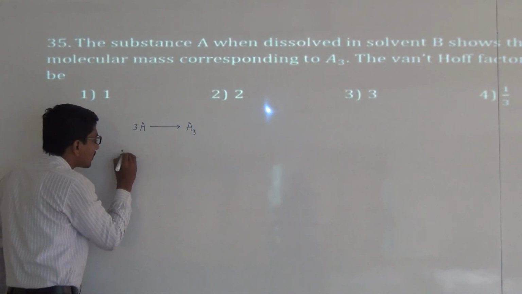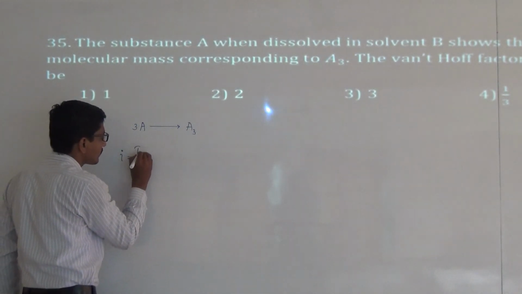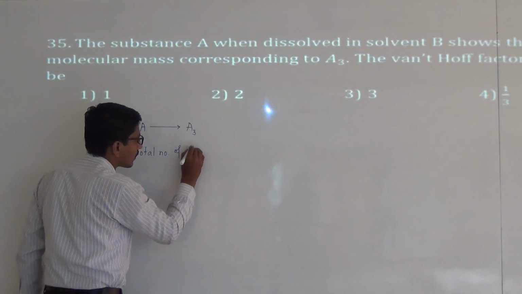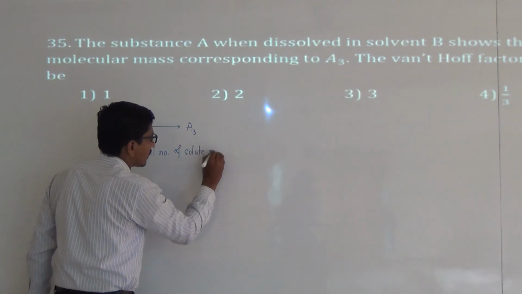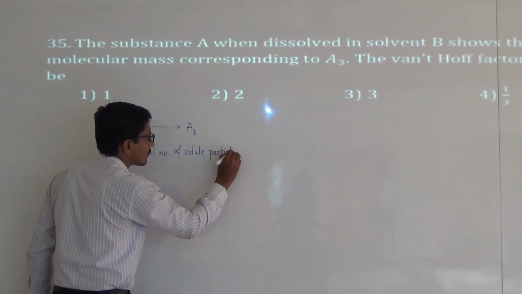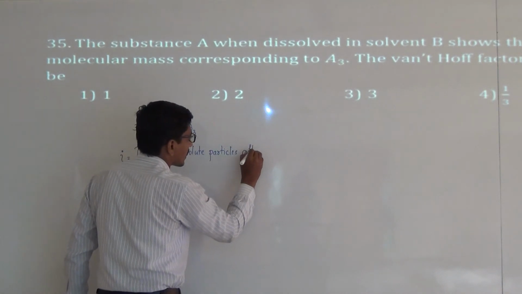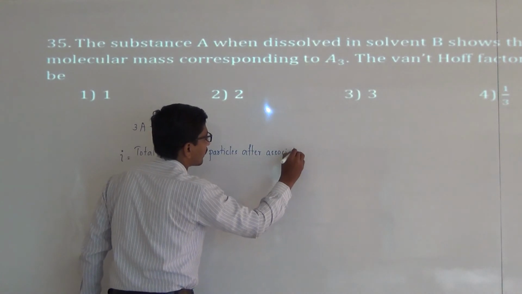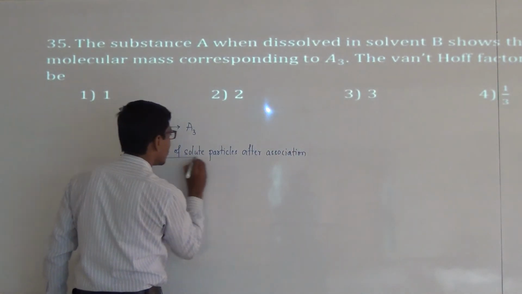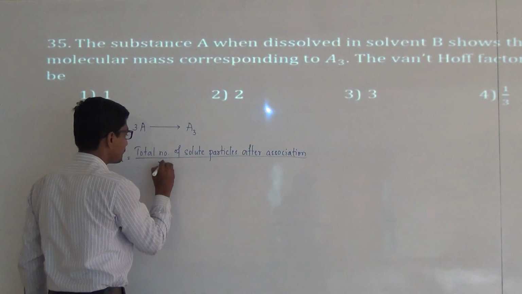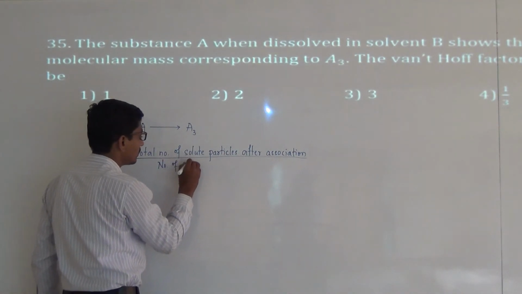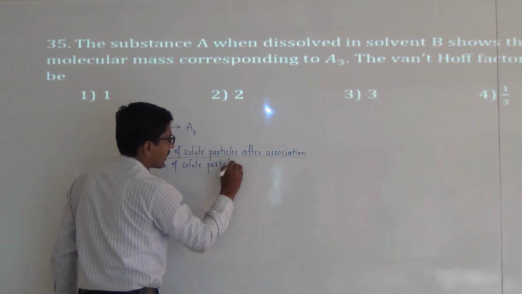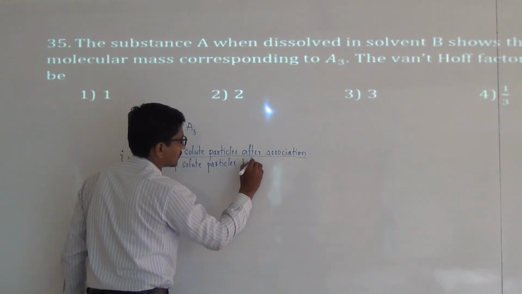The van't Hoff factor is the total number of solute particles after association divided by the number of solute particles before association.